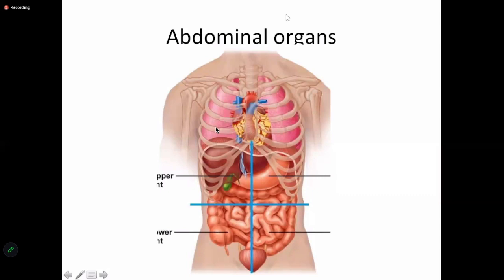You can have referred pain from the thoracic organs to the abdomen, even in adults. You see, sometimes acute myocardial infarction can present as epigastric pain, right, or abdominal pain.